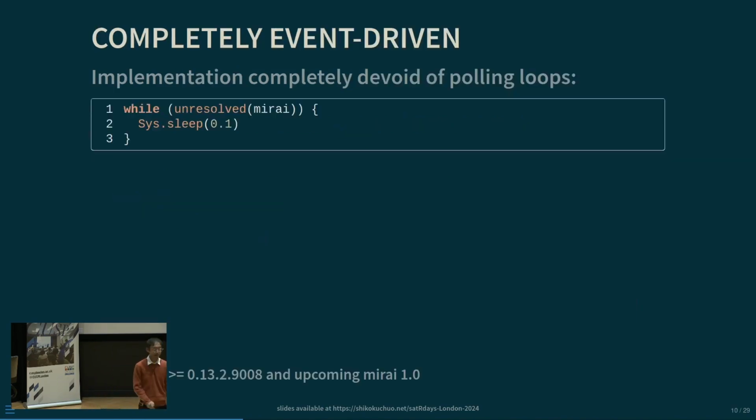And this is the most important slide of the whole presentation. It's probably not the prettiest slide, but another reason why Mirai is so fast is it's completely event-driven. So if we talk about asynchronous programming, then there are no loops of this kind in any of the stack that's in Mirai or under Mirai.